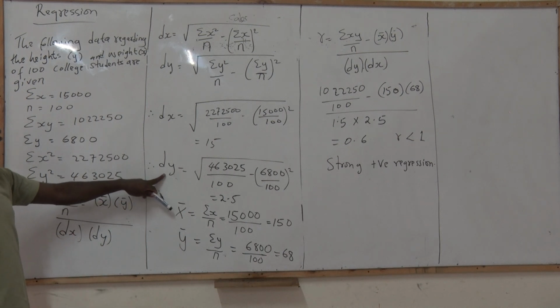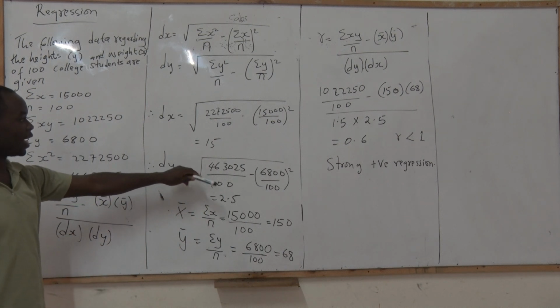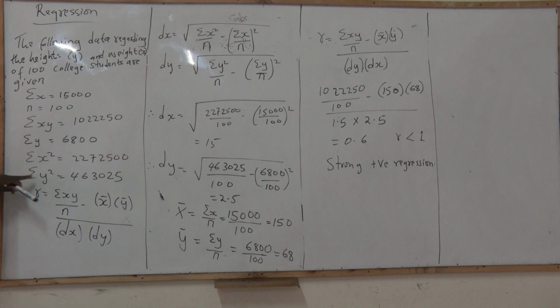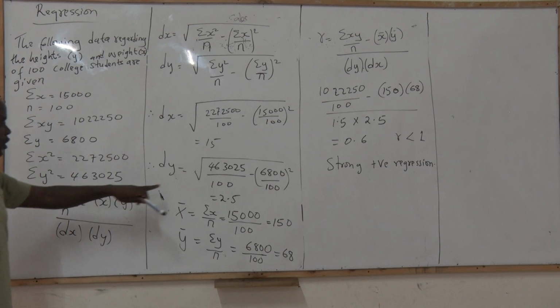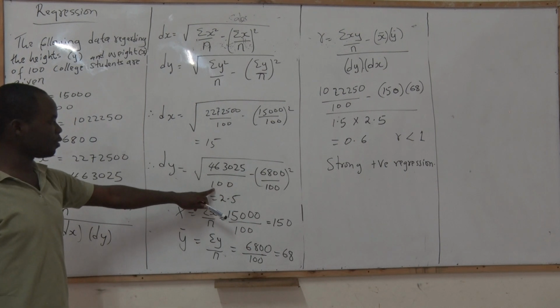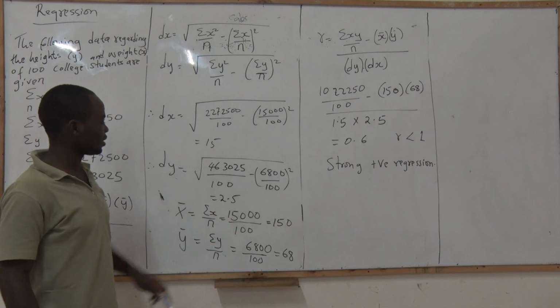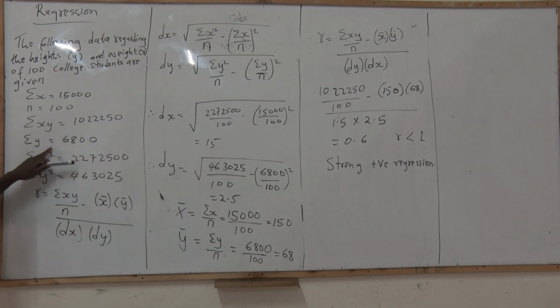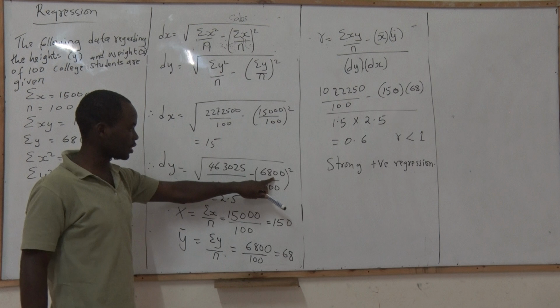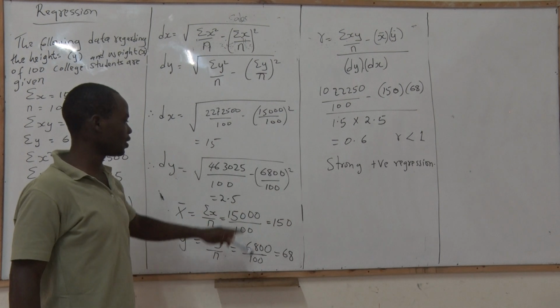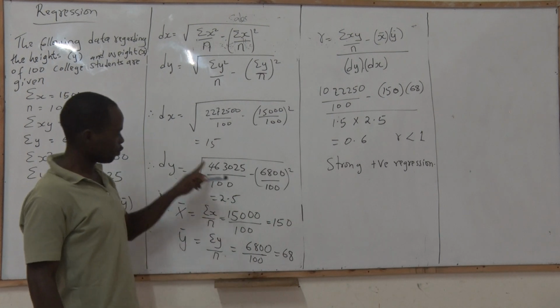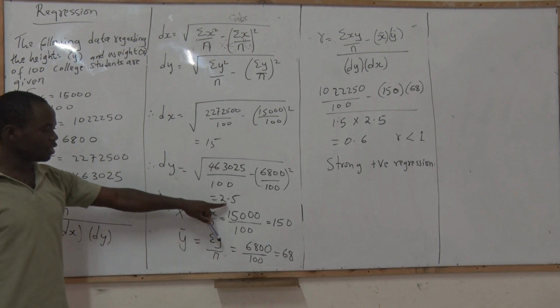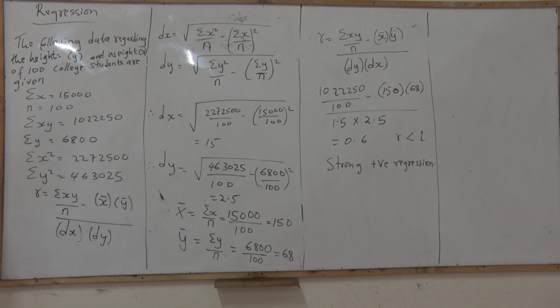Therefore, the deviation in y is computed by the sum of y squared, which is 46,30,25, divided by 100, minus the sum of y, which is 6,800, divided by 100. Then we square that and we get the square root and we find 2.5.